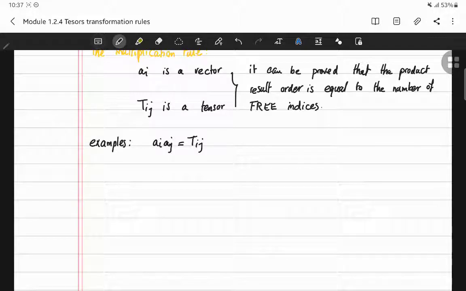Or if you have, for example, T_ij T_kl, it gives you C_ijkl, which is a fourth order tensor. Or for example, T_im T_mk gives you, since m is the dummy index, i and k are the free indices, so this becomes, for example, S_ik. And this gives a second order tensor.